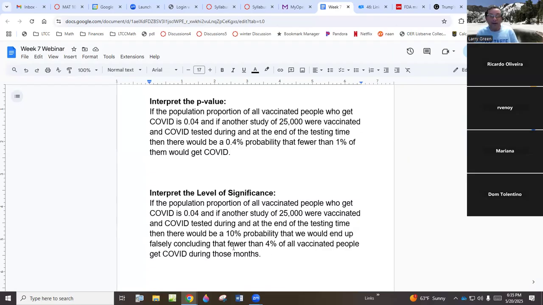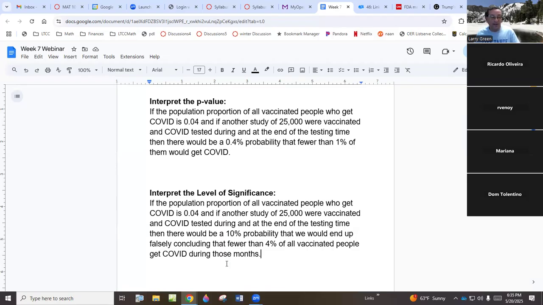By the way, it doesn't mean you can't get COVID, but it means that you have a smaller chance of getting COVID if you get vaccinated. Do you see how that works? You have smaller than the standard probability of people who don't get vaccinated. Those who do get vaccinated have a smaller probability than that. Any questions on interpreting the level of significance?